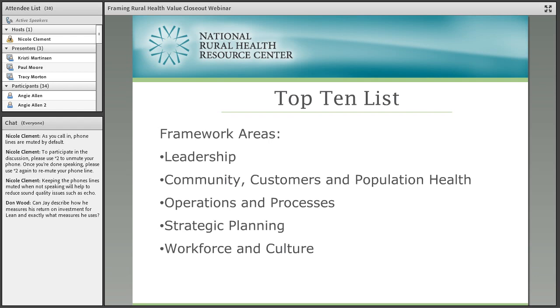Under the area of workforce and culture, your interventions number 8 and 10, this is so much more than just recruitment and retention of providers. This is about helping them create a change-ready, customer-focused culture in their hospital. And I just want to point out, it includes workforce satisfaction just as much as it does patient satisfaction. You know, employee satisfaction is so important.